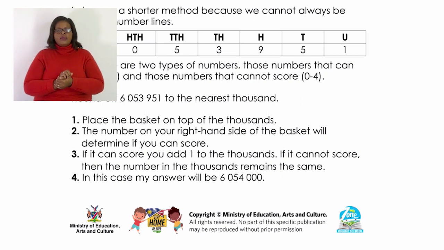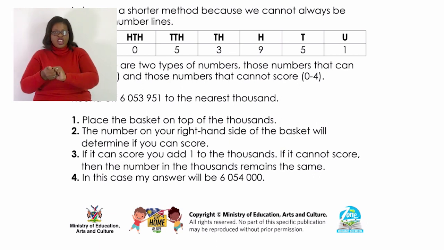Number 1, you need to place the bracket on top of the 1,000. The number on your right-hand side of the bracket will determine if it can score. If it can score, you add the 1 to the 1,000.